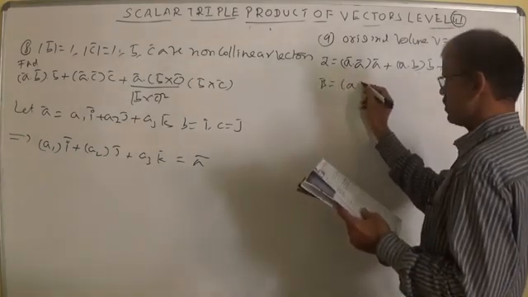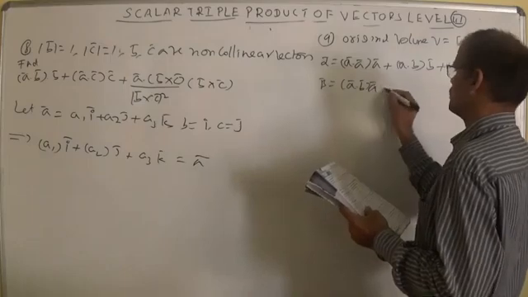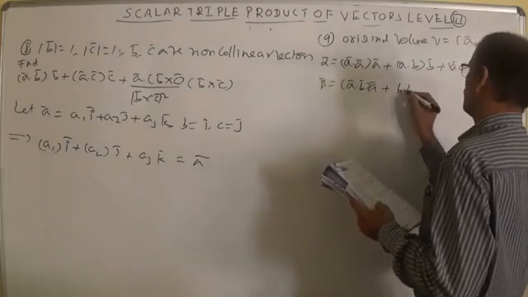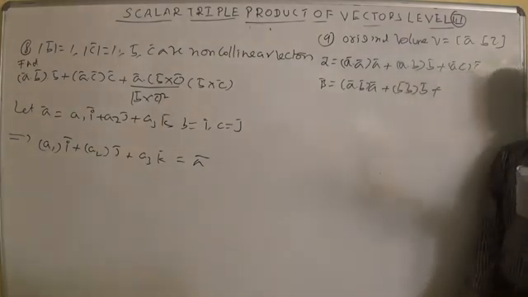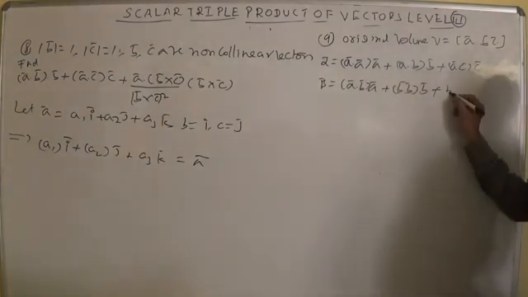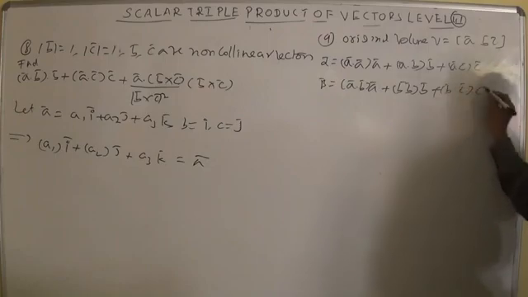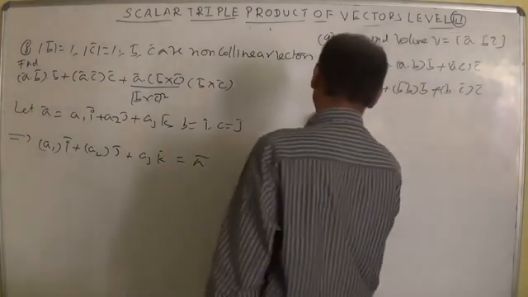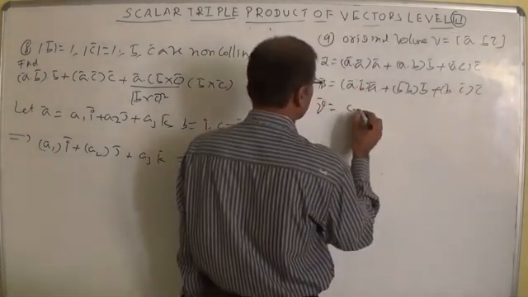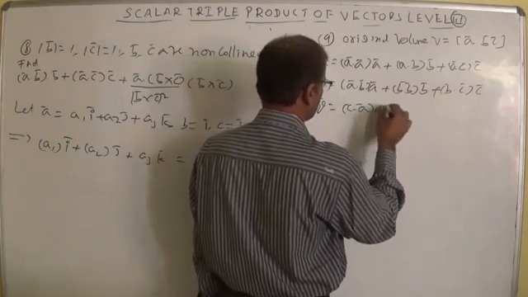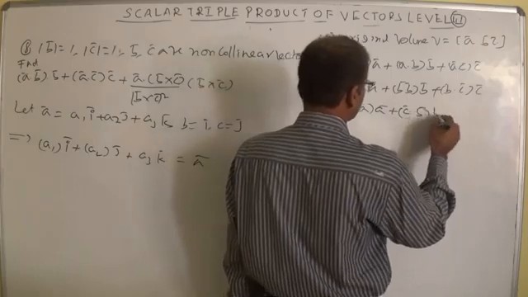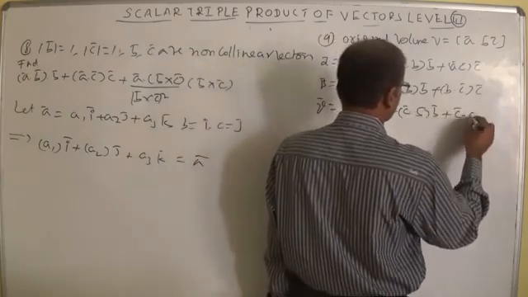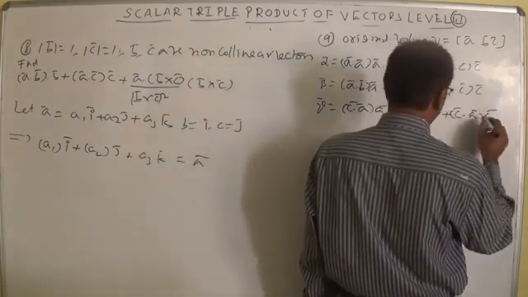Next, beta bar is A bar dot B bar into A bar plus B bar dot B bar into B bar plus B bar dot C bar into C bar. Next, gamma bar is C bar dot A bar into A bar plus C bar dot B bar into B bar plus C bar dot C bar into C bar.